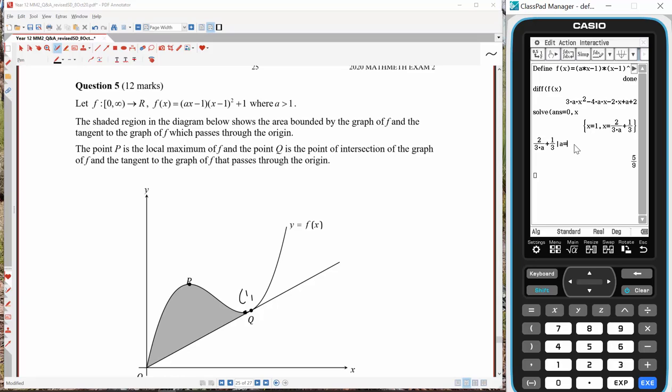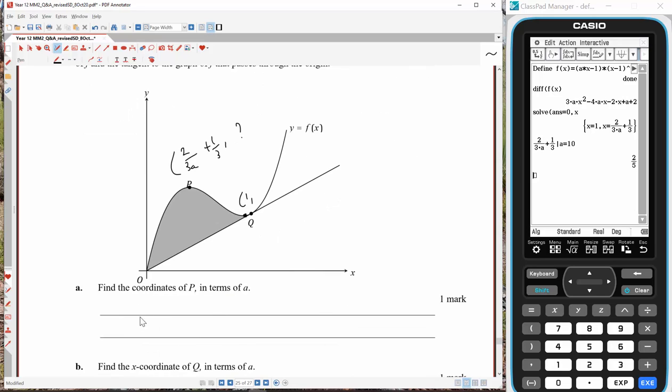So if I change it to 10, it should always be less than 1, meaning that this solution here is for this stationary point. So that's 2 over 3a plus 1/3, comma, whatever the y value is there. So let's note that down.